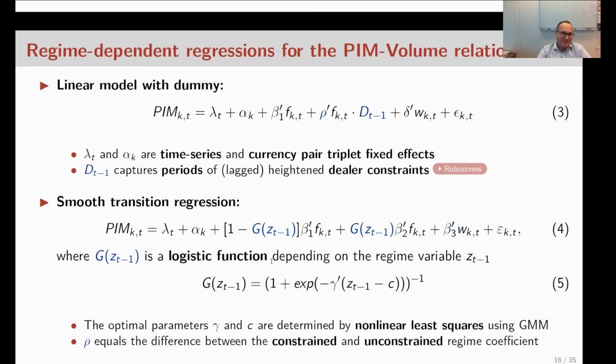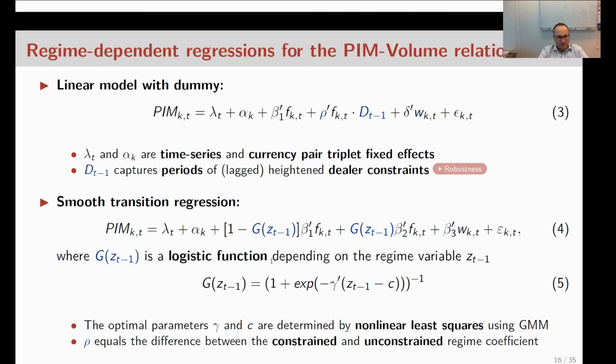Absolutely. All right. So then let's turn to the main equations that we're estimating. Here, first is the linear model with a dummy variable. This is just very simple. We're having here the regression of PIM on our main intermediate volume measure, but then we're also interacting the intermediate volume measure with a dummy variable that captures when we're in the states of heightened dealer constraints.